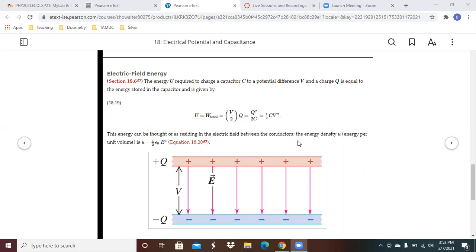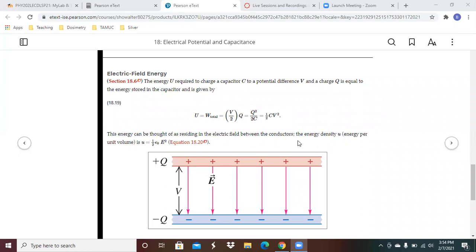So the energy, and it's going to be represented with U, just like it has been before, required to charge a capacitor C to a particular potential difference at a charge Q is equal to the energy stored in the capacitor. And it probably doesn't surprise you too much.